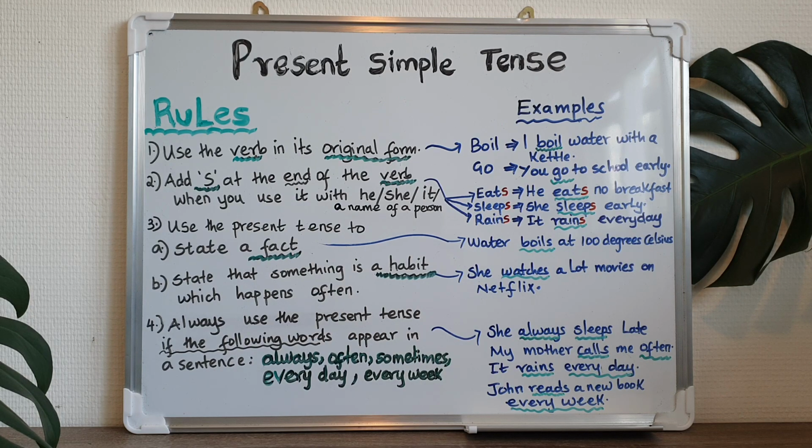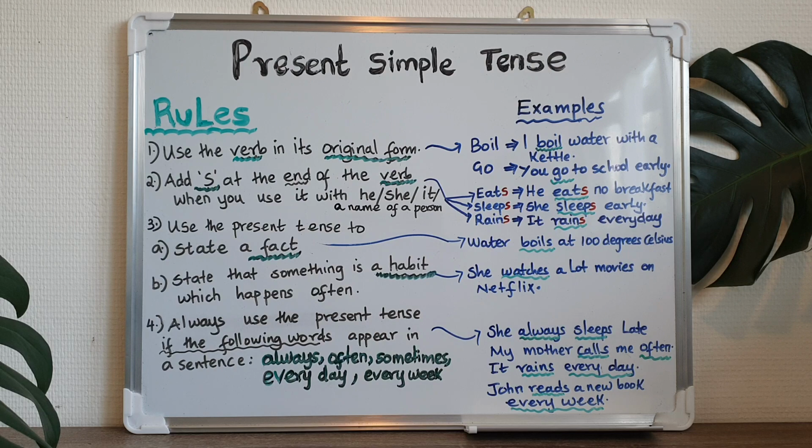So we have to add an S after the verb sleep. It rains every day. We have to use S at the end of the verb rain because we are combining it with it.